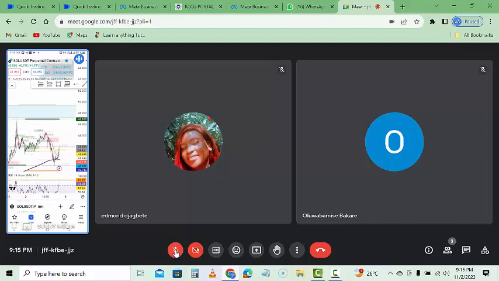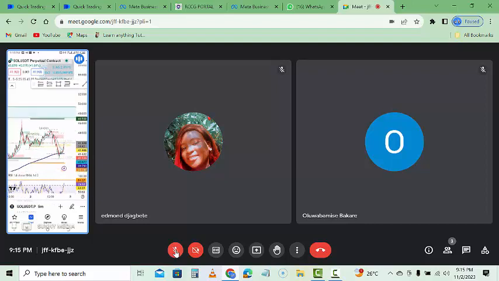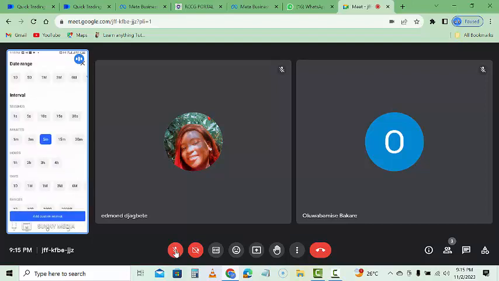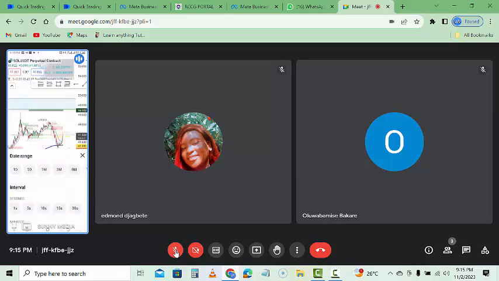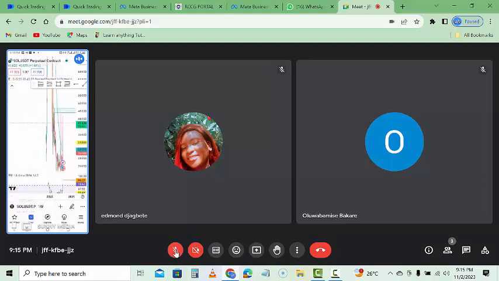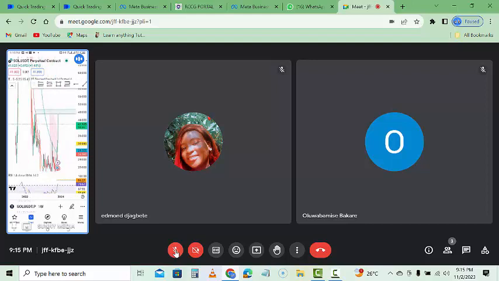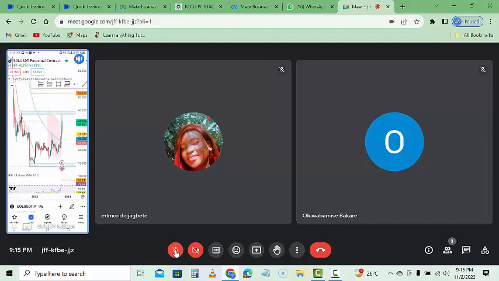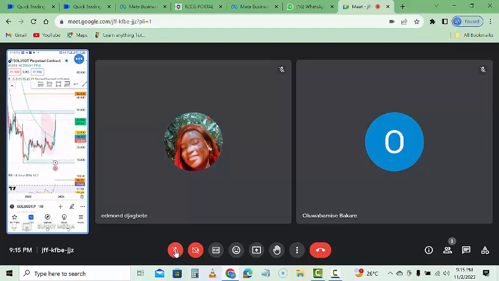If it's for swing, I'll go to the weekly time frame to get my confirmation, to know if this is the weekly range. Like this Solana is at the weekly range, so it's a good zone to go short. That's for swing short. Okay.